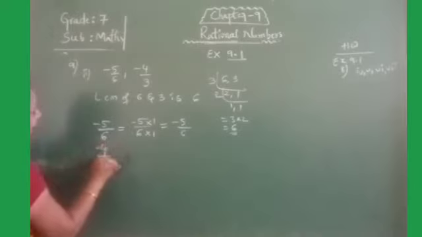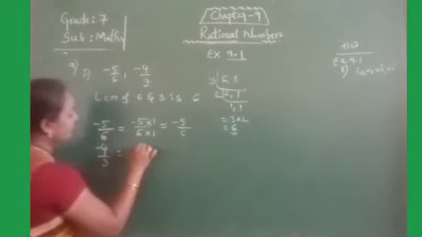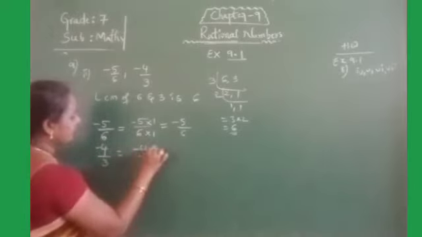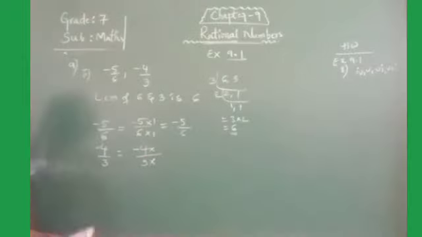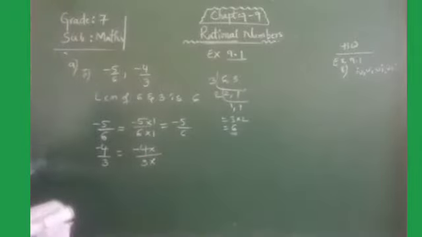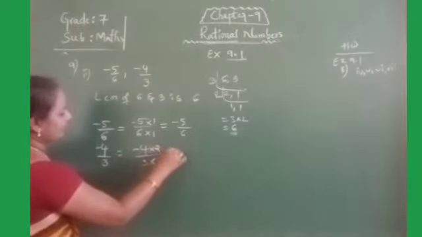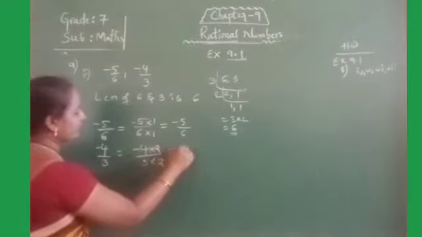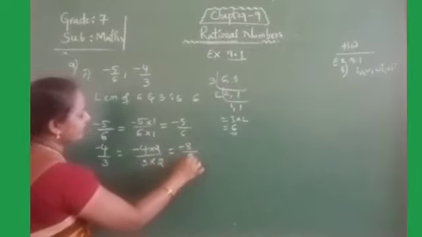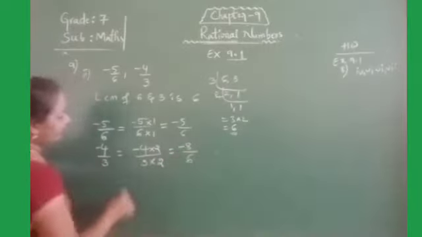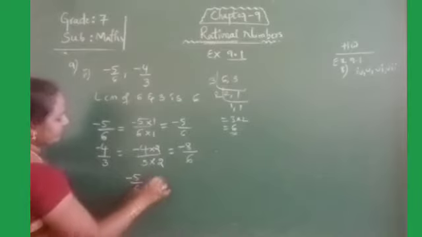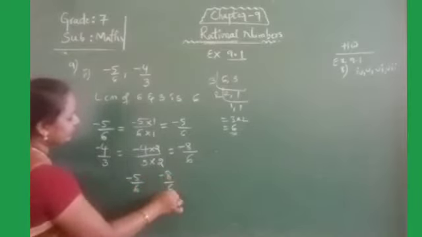Like that, minus 4 by 3. Here we have to find the equivalent rational number, so we multiply the numerator and the denominator by the same number, that is 2. Minus 4 into 2 is equal to minus 8 by 6.